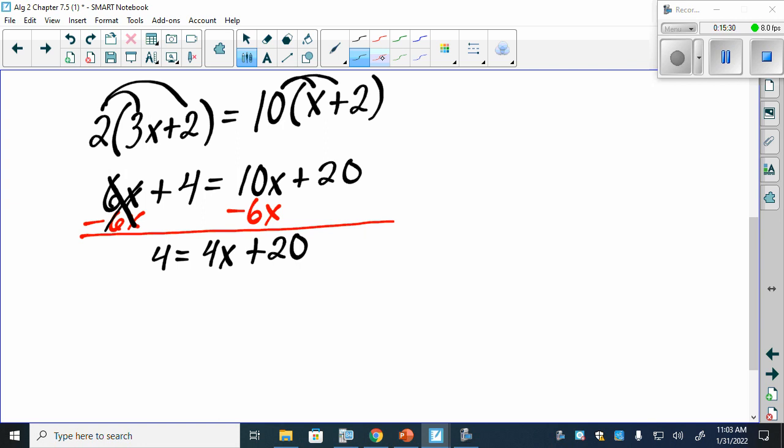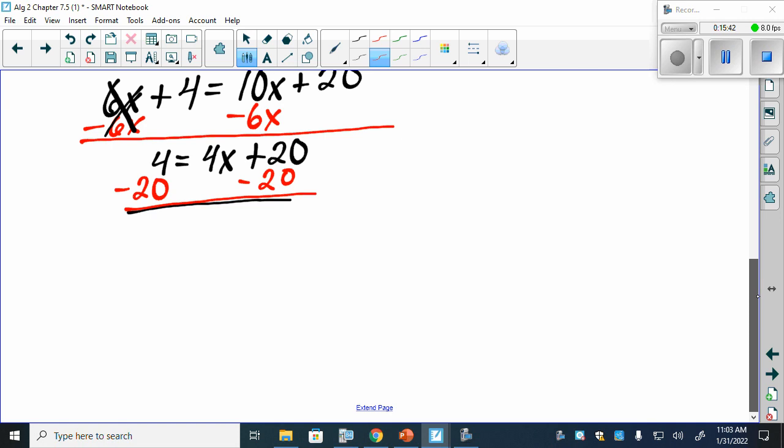But once you do that first one, it kind of tells us what we have to do next. Because here we would have to subtract 20 from both sides. And if we subtract 20 from both sides, it tells us that 4x is equal to negative 16.